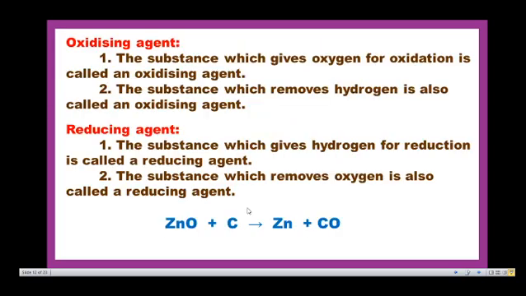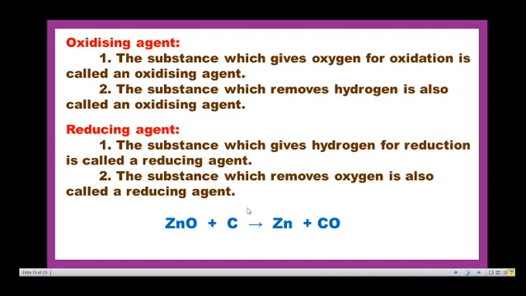What is an oxidizing agent? The substance which gives oxygen for oxidation is called an oxidizing agent, or the substance which removes hydrogen is also called an oxidizing agent. The reverse is a reducing agent. That means the substance which gives hydrogen for reduction is called a reducing agent, and the substance which removes oxygen is called a reducing agent.